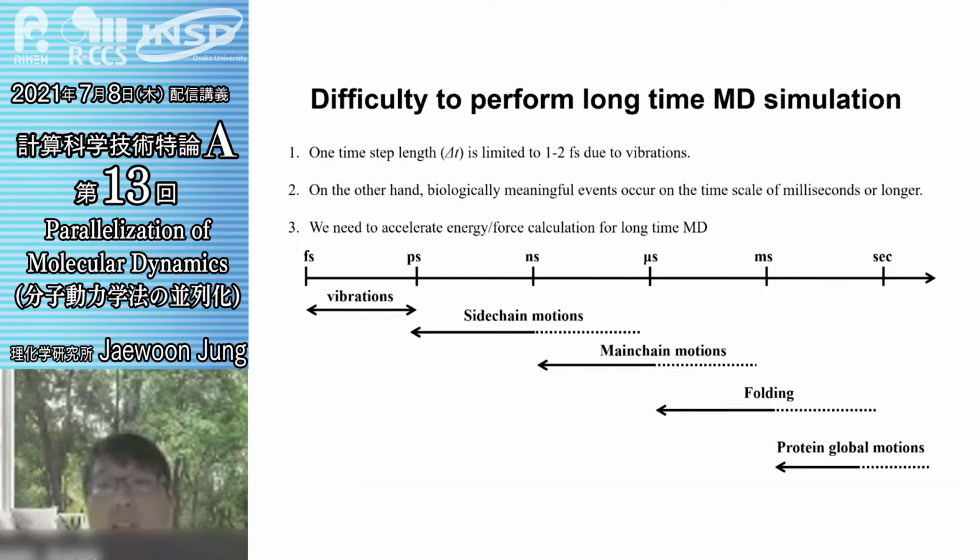Large protein global motions can be observed by performing more than millisecond level. So this is a very difficult problem in MD. In particular, if you want to observe folding or protein global motions, somehow acceleration of energy calculation or some kind of enhanced sampling scheme is very important.